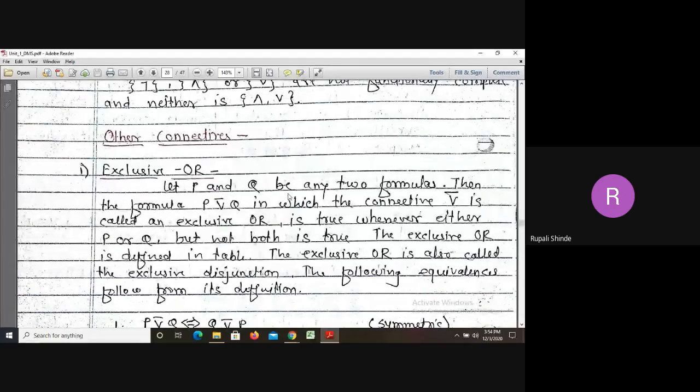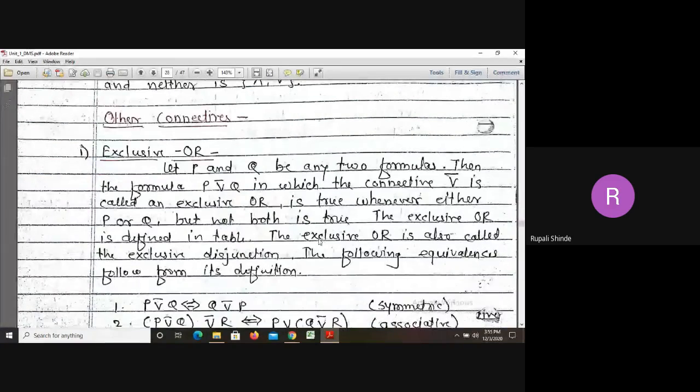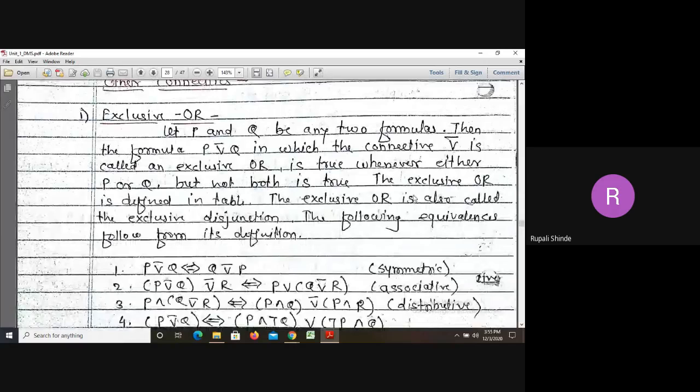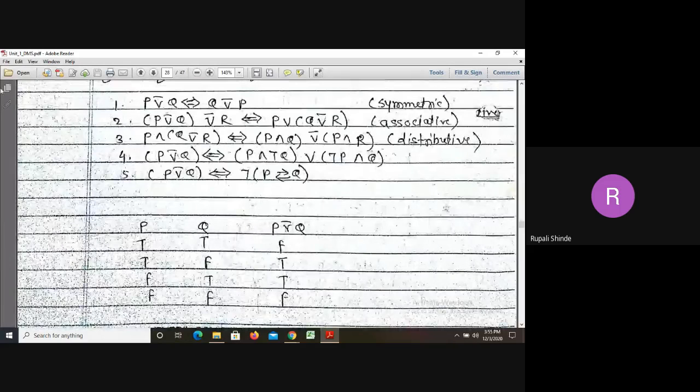Let P and Q be any two formulas, then formula P XOR Q, in which connective XOR is called exclusive OR, is true whenever either P or Q but not both is true. So that condition is given. This XOR is given in this truth table.